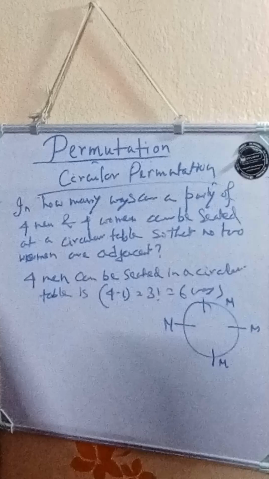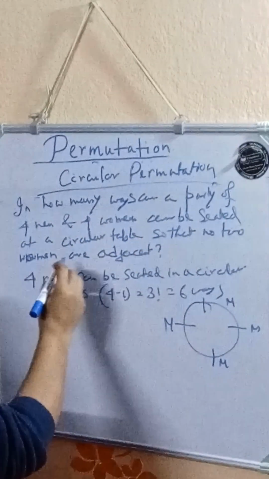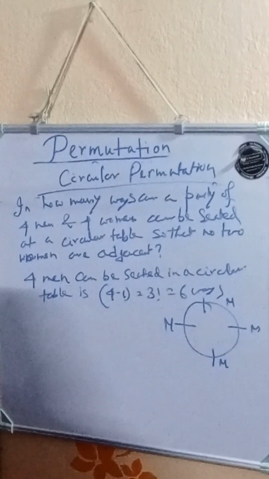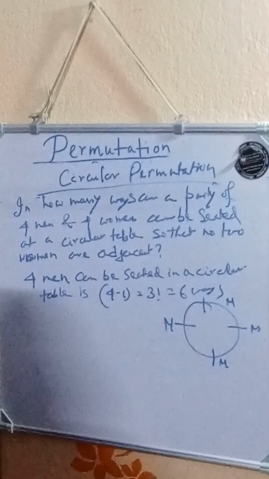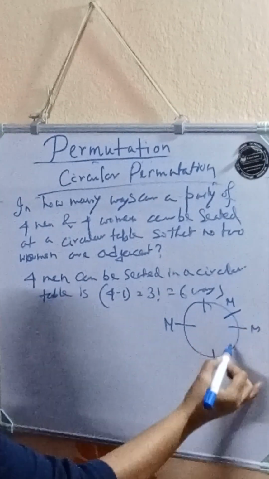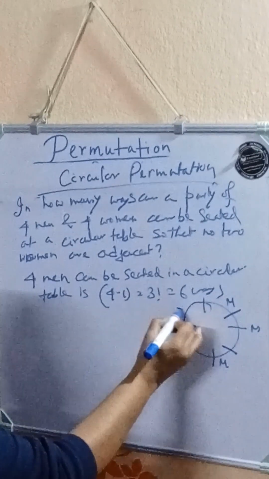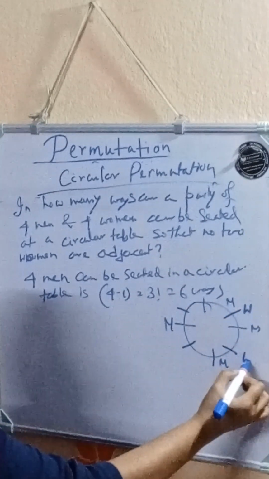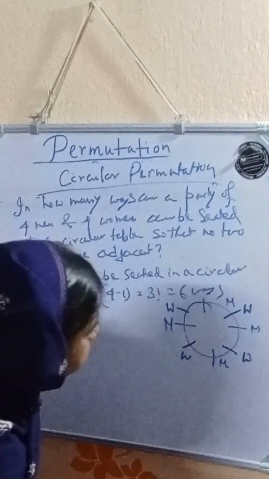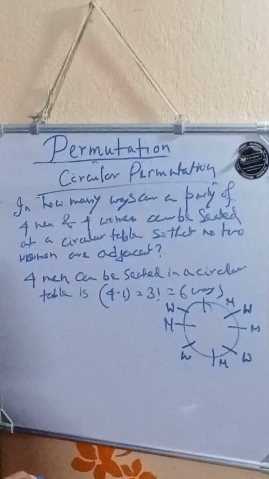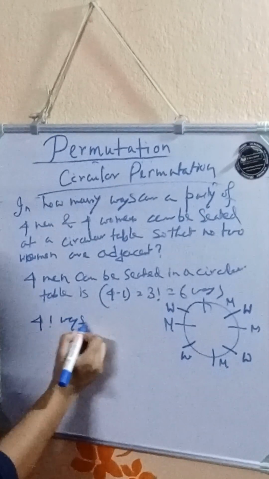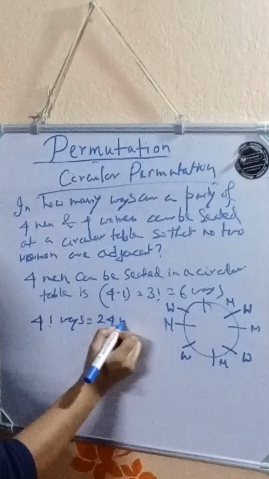Now, here is the condition: no 2 women are adjacent, which means 2 women cannot sit together. Therefore, the women can be seated in the vacant places between the men. In these 4 vacant places, 4 women can be seated in factorial 4 ways, which equals 24 ways.